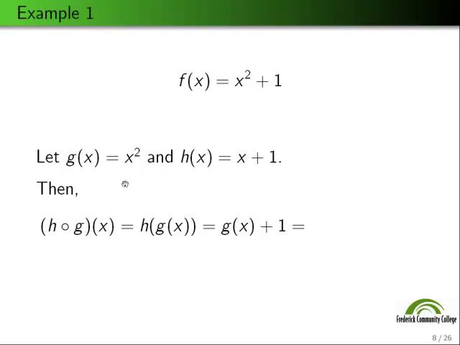But g of x is indeed x squared. So we have x squared plus 1, which is f of x. Therefore, given the function f of x equals x squared plus 1, we have found two functions, g of x equals x squared and h of x equals x plus 1, such that f of x equals h composed with g of x.